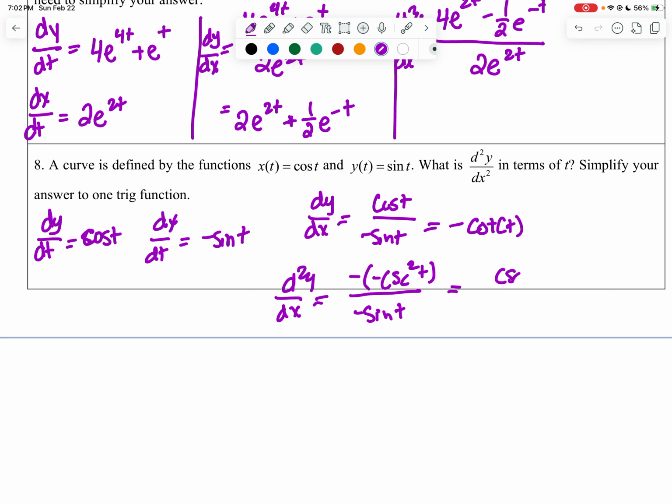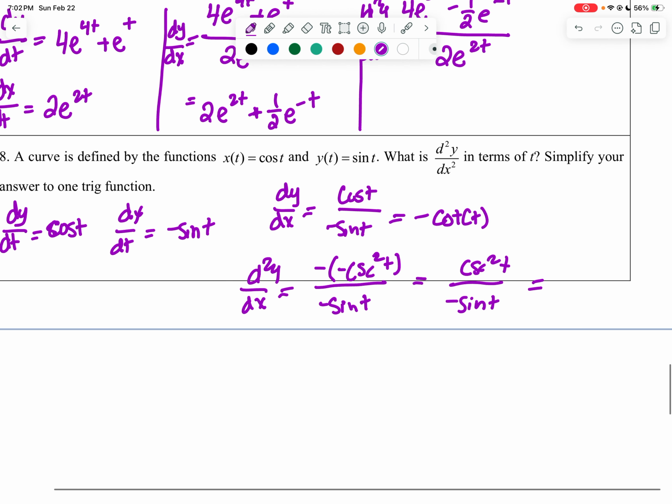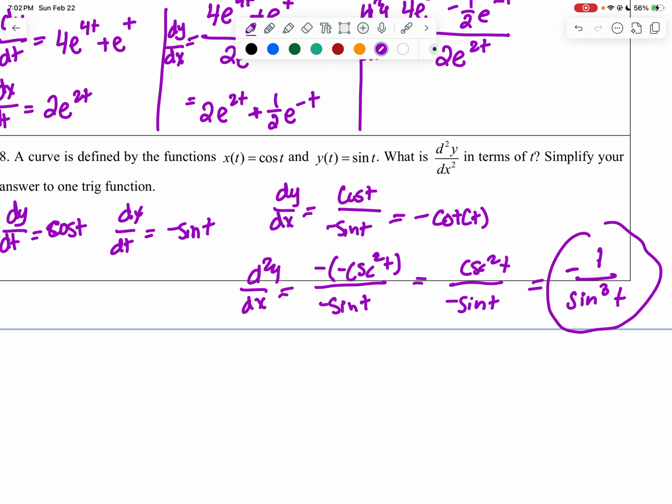So then we get negative cosecant squared of t over negative sine of t. And then remember how cosecant of t is the same thing as 1 over sine of t. So then I could rewrite this as negative 1 over sine cubed of t, which is what we want.